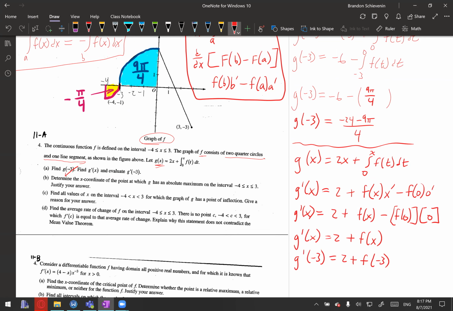What is f at -3? Zero. Our y value at -3, so that's here, is 0. So g prime at -3 then is 2 plus 0, equal to 2. Okay, so we found the general form of g prime, and we got g prime at -3. We should be good.